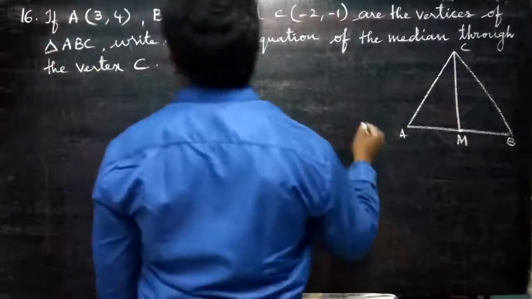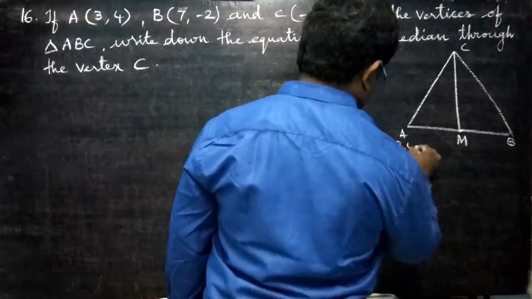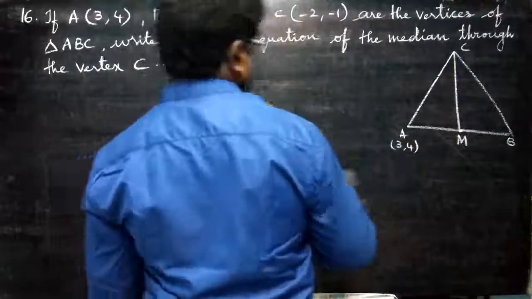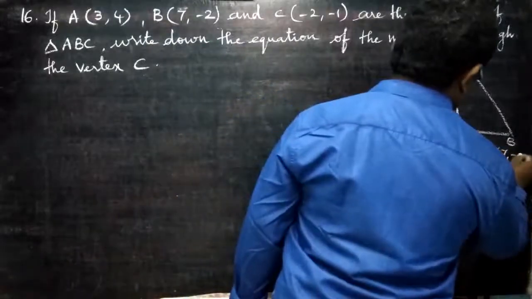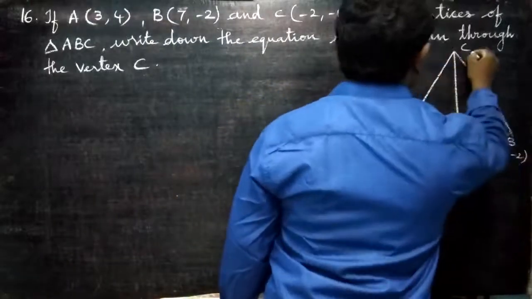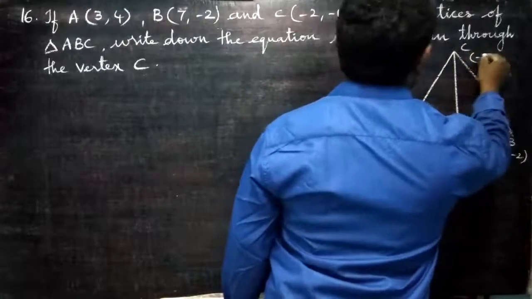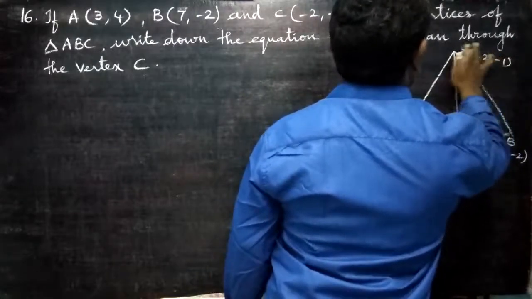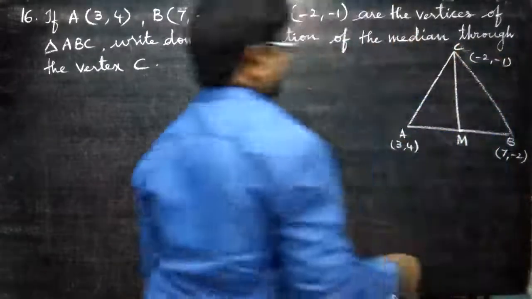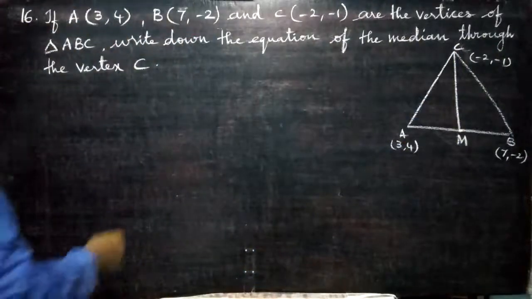Now A they have given 3 comma 4. B they have given 7 comma minus 2. And C they have given minus 2 comma minus 1. M we have to find.